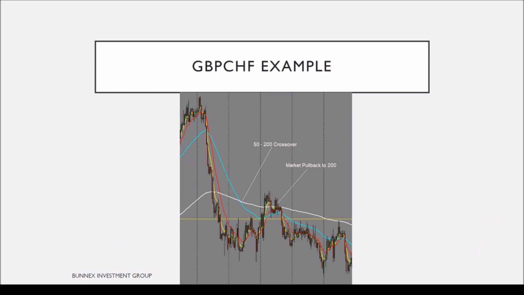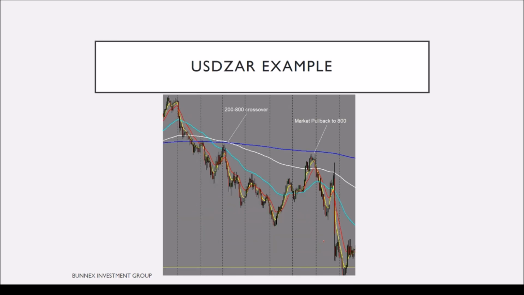Then here is another example on GBP against CHF. We can see that there was a 50-200 EMA crossover. Then after that the market came back to the 200 EMA region and it went down. Then here we had another type of crossover.